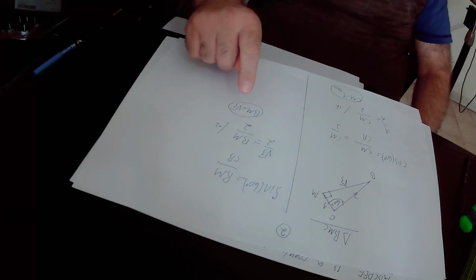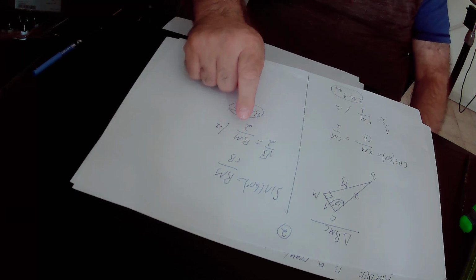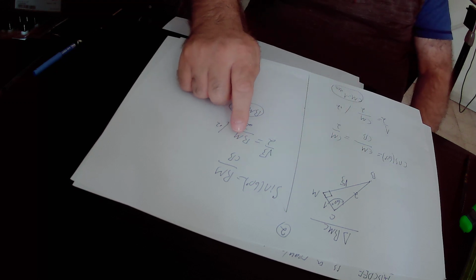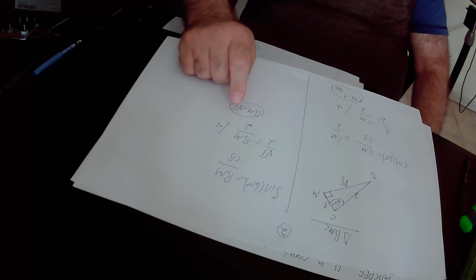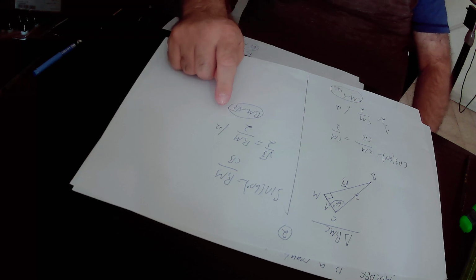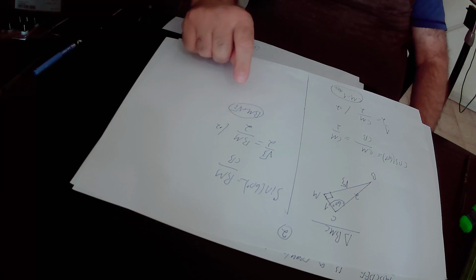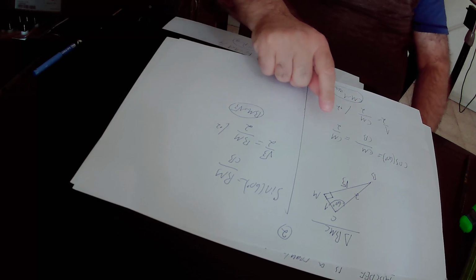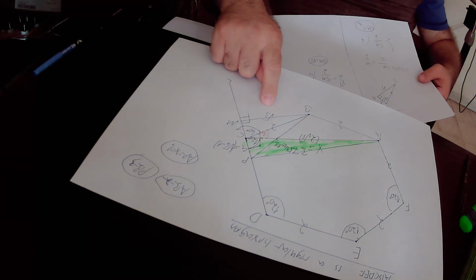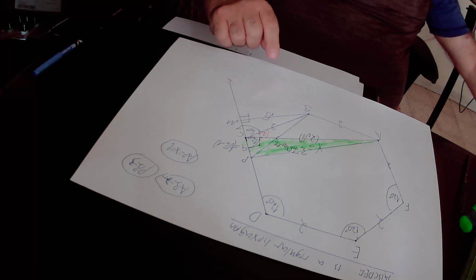So the square root of 3 over 2 equals BM over CB. BM is the missing line segment, so we leave it as it is. And CB equals 2 units, therefore we substitute CB by 2. In conclusion, the square root of 3 over 2 equals BM over 2. Here we multiply this equation by 2, and find that BM equals the square root of 3 units.